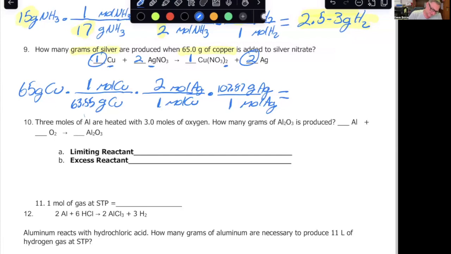So therefore 65 divided by 63.55 times 2 times 107.87, and it's going to come out to 218 to 222 grams of silver, somewhere within that range.